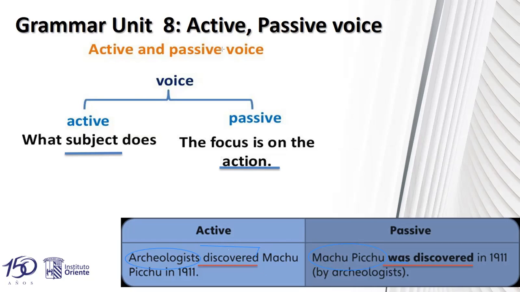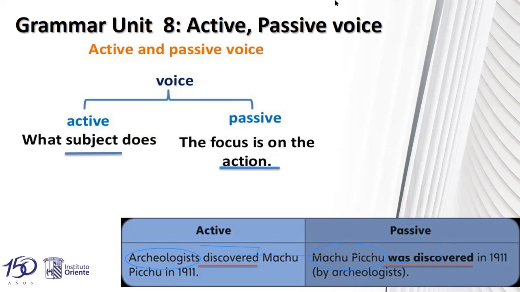Discovered is the past participle of the verb discover. It is a regular one. Okay, guys? Only you have to pay attention and you have to practice. Don't worry. You have to practice.